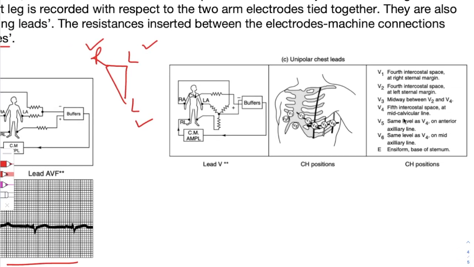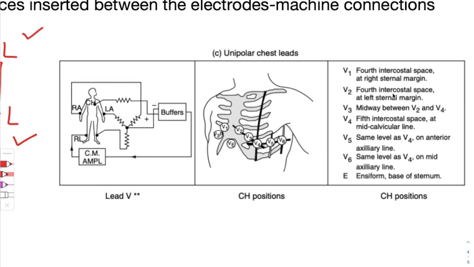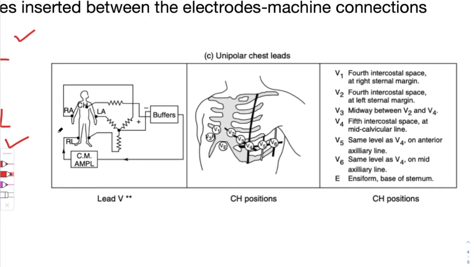If I zoom into this figure, you can see that these are the chest leads: V1, V2, V3, V4, V5, V6. V1 is at the fourth intercostal space.